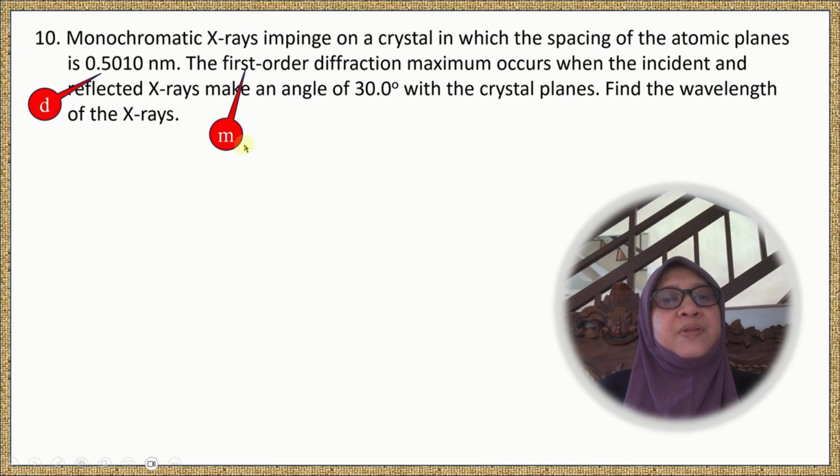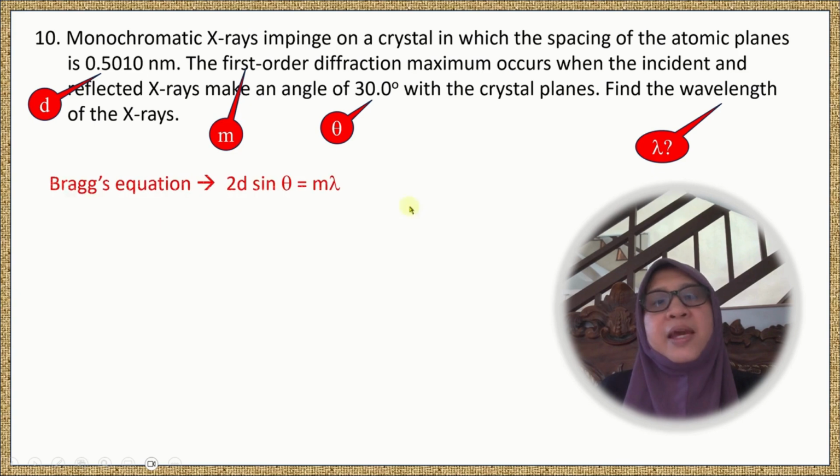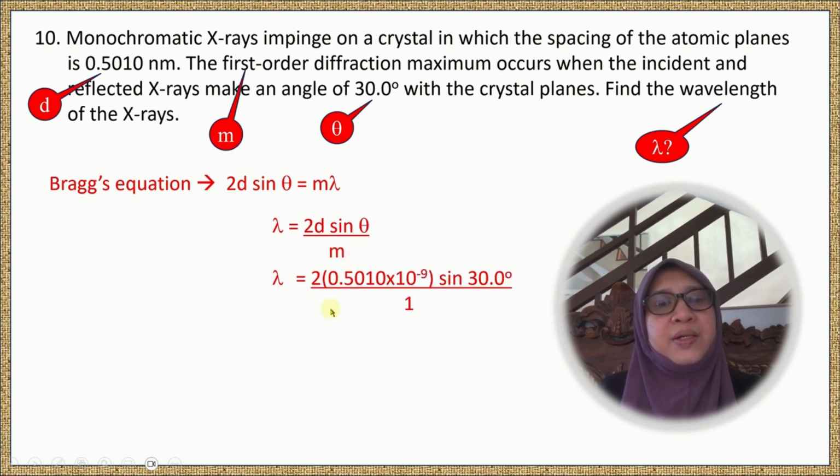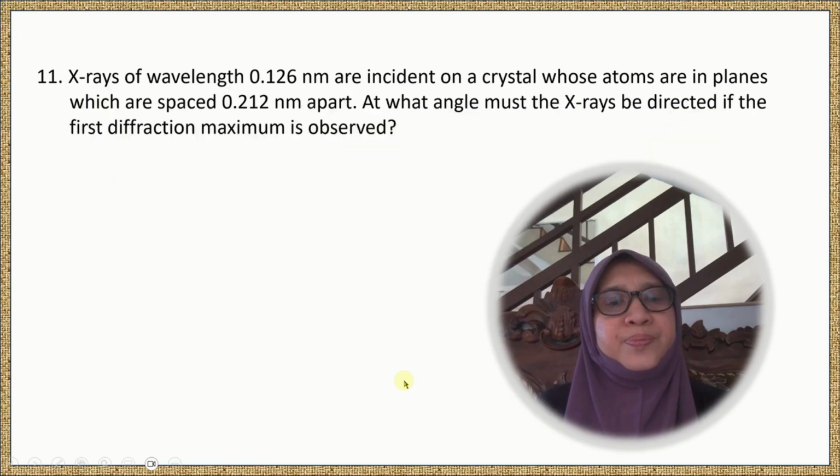So m is the first order, theta is given, so we find the wavelength. So we use Bragg's equation, 2d sine theta equals m lambda. So lambda is 2d sine theta over m. So we substitute the d given, converted to meter. Okay, sine angle is 30 degrees and m is 1. So we get the wavelength 5.01 times 10 to the power of negative 10 meter.